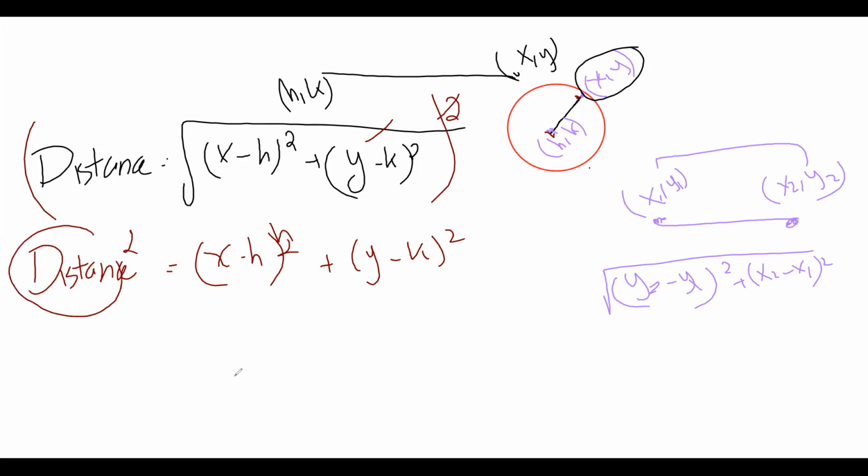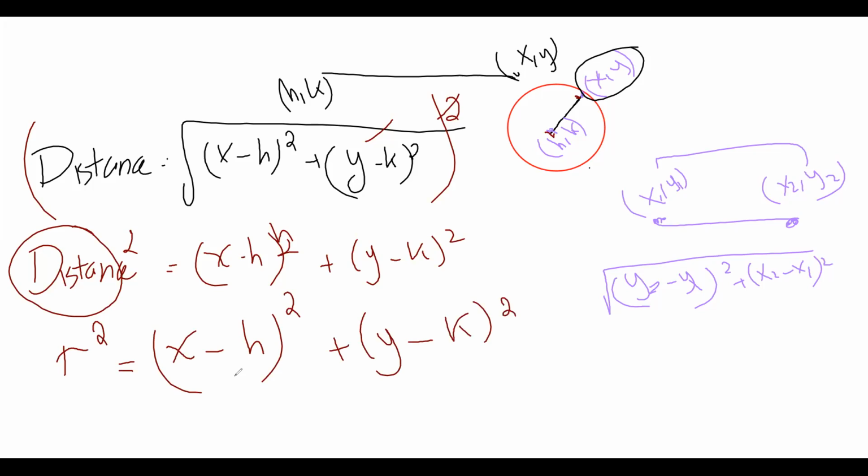So I will write r squared equals x minus h squared plus y minus k squared. This will be the equation of a circle. If it has a center (h, k), I will say x minus h squared plus y minus k squared equals the radius squared. Is it clear? Yes.